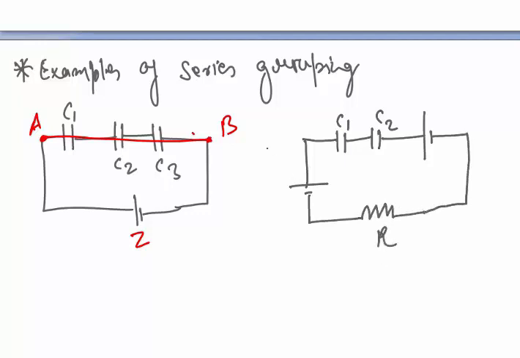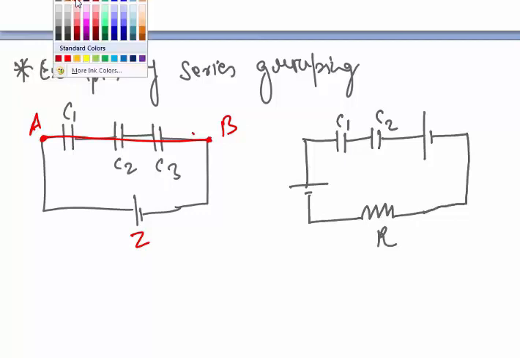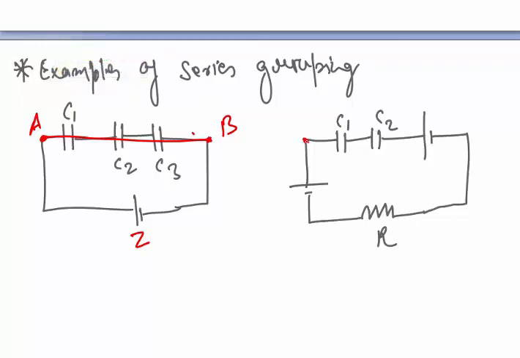Now again follow the same concept. Suppose this point is A, this point is B. Now this C1 and C2 will be in series. Why?